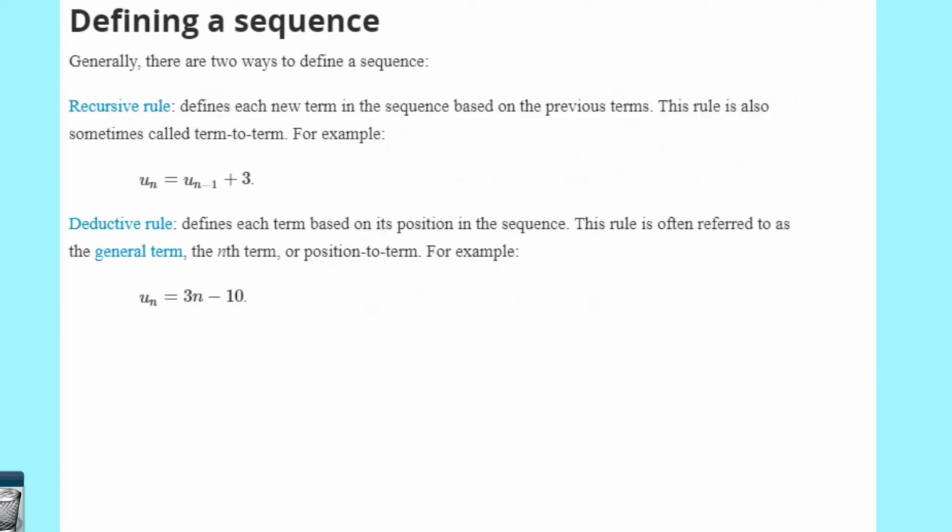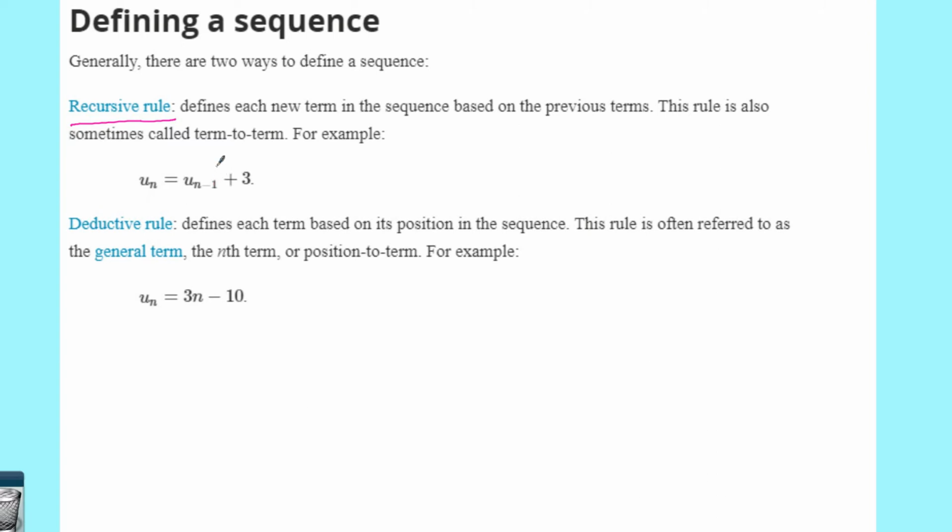All right, next one. Defining a sequence, there are 2 ways, 2 equations or formulas you can get for any sequence. What we just did is called the recursive rule. It's getting any term from the term before it.